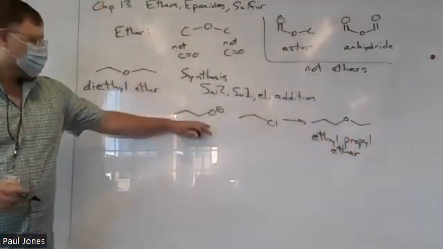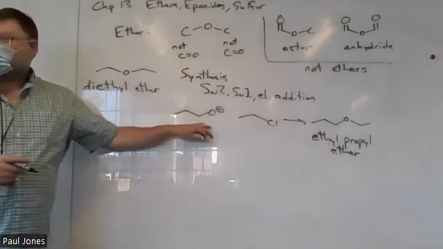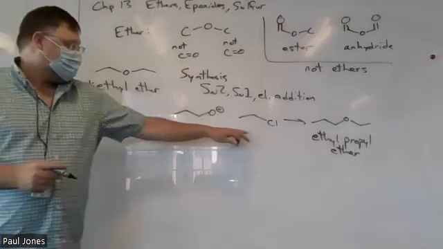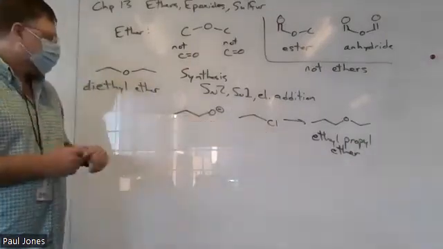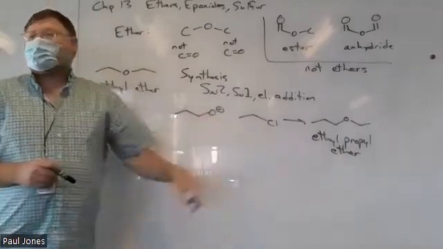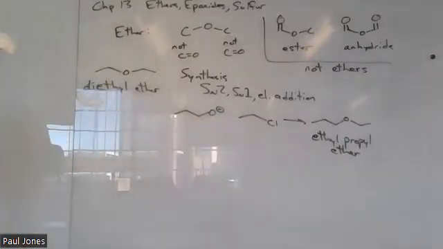If I have the conjugate base of propanol and ethyl chloride, I get an SN2 reaction. O kicks out chloride. I get ethyl propyl ether.